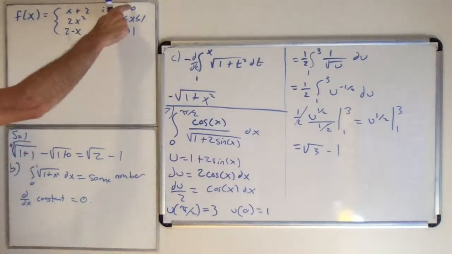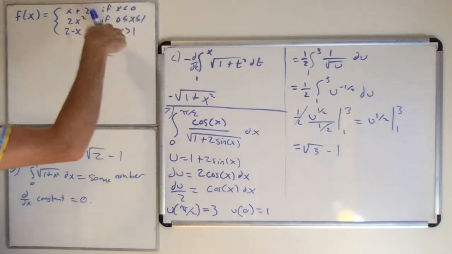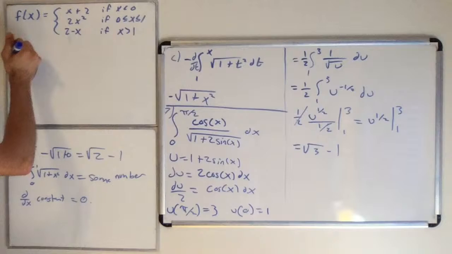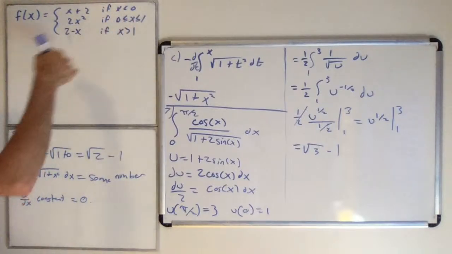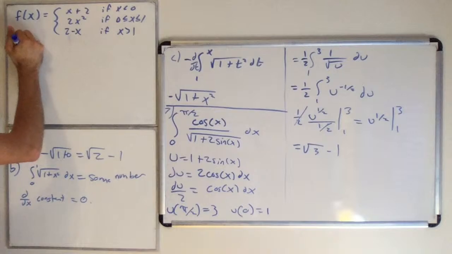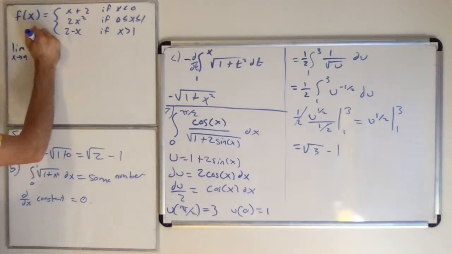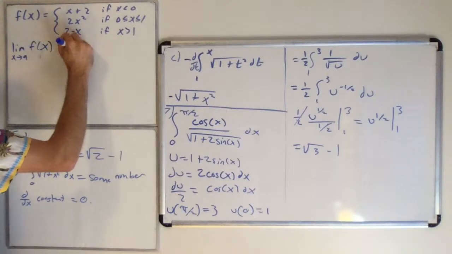So remember, we're going to check at each of these spots where the rule changes. Okay, so we're going to check at x equals 0 and x equals 1. We need the limit as x goes to a of f of x exists.